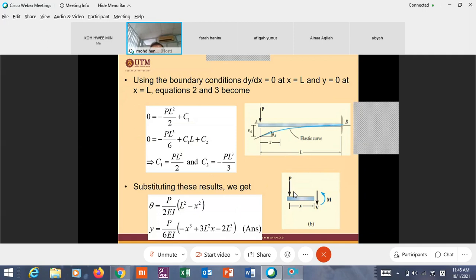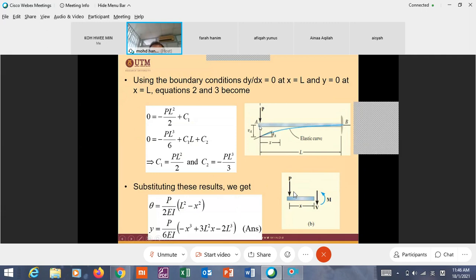It is quite important. Actually, from here you can calculate the maximum deflection. Normally in design and construction, what we need to know is the maximum deflection, not the deflection or the slope along this beam. What is the maximum?